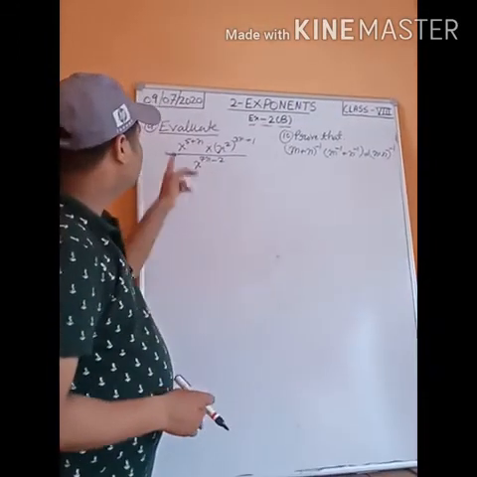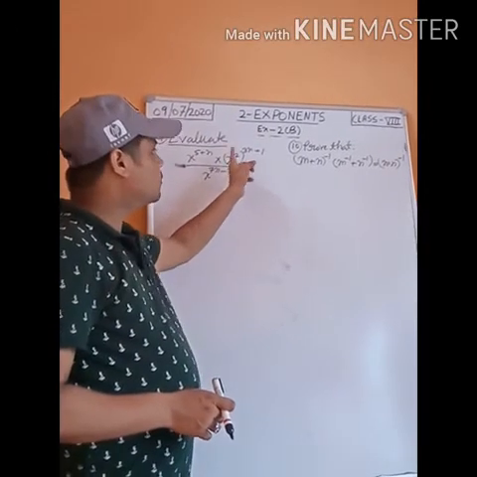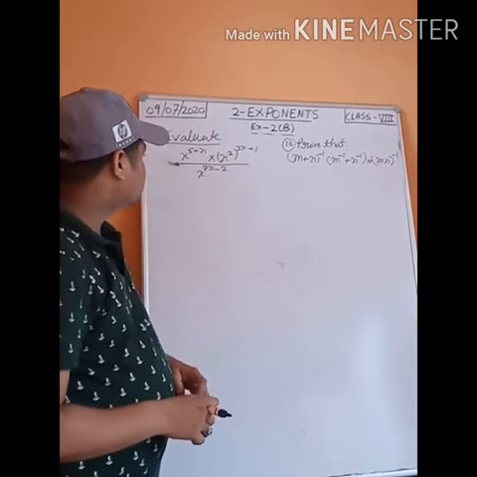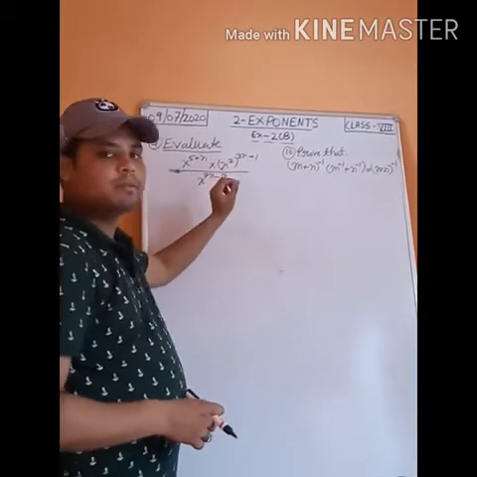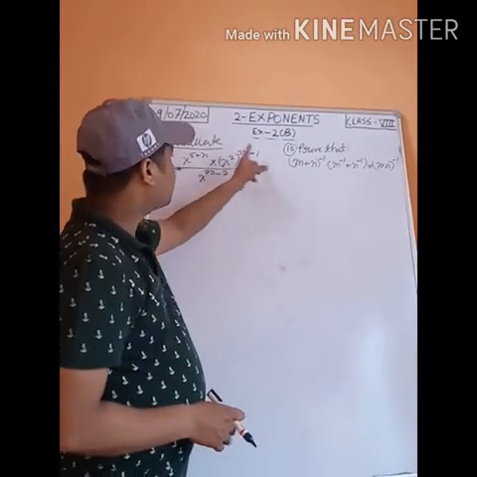9th question. Evaluate: x raised to the power 5 plus n multiply x raised to the power 2, then whole power 3n plus 1, upon x raised to the power 7n minus 2. So all the bases are x. They are in multiply and divide. So first of all, this we will solve by using power law.